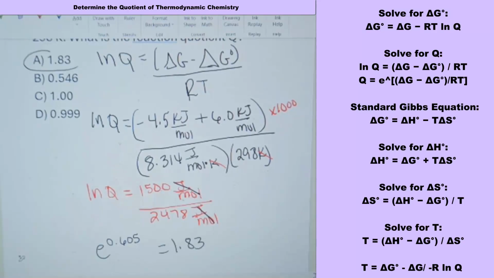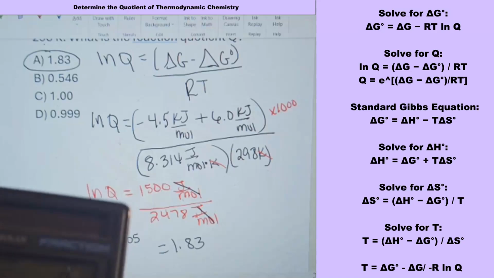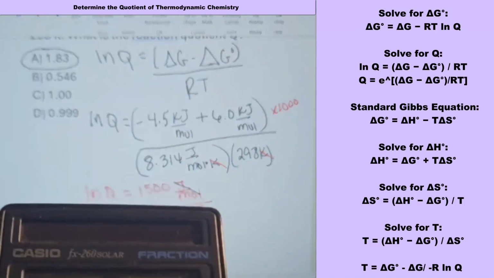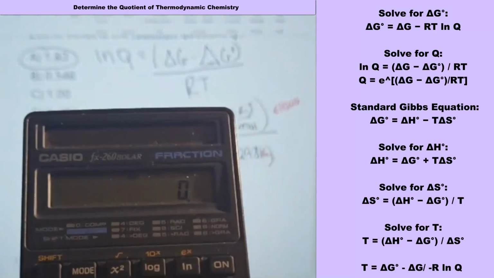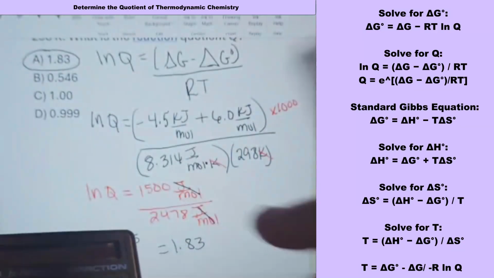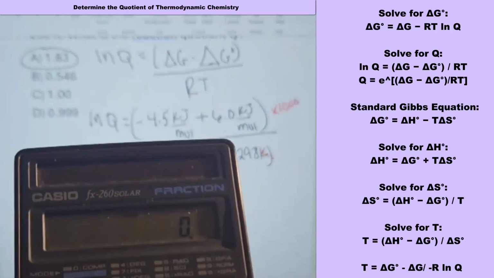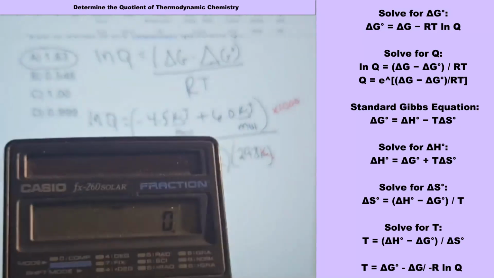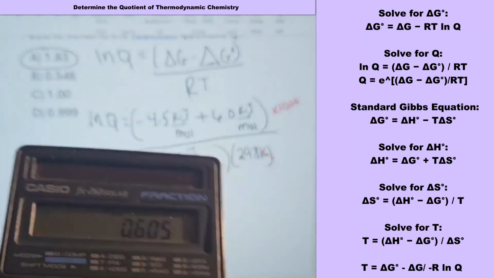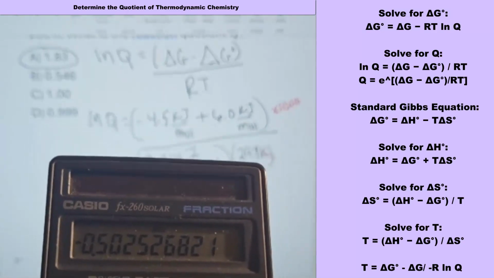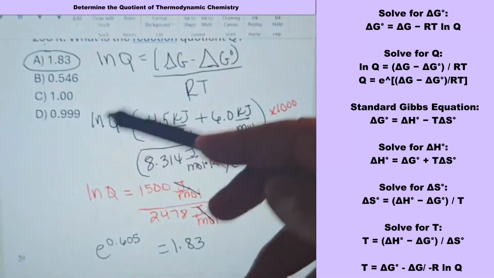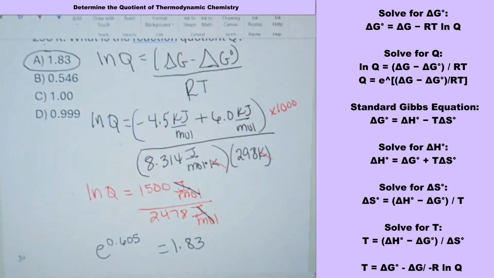Letter A as the answer. Now, if you would have plugged in the natural log, hitting this key right here, 0.605, you would have gotten 0.502, but neither of those answers has 0.502.